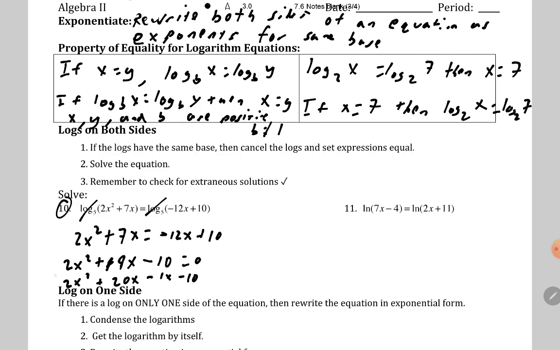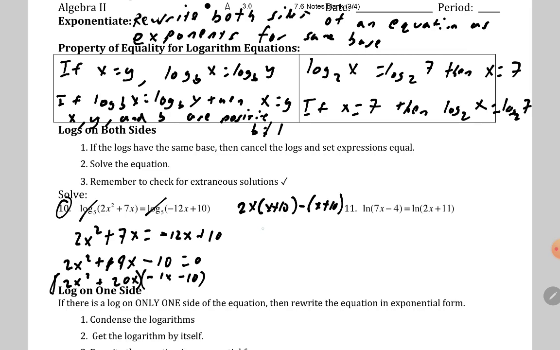So I'm going to group here, and here, and then here, and here. I'll factor out a 2x and get x plus 10 here, minus, point out minus 1, x plus 10 here.